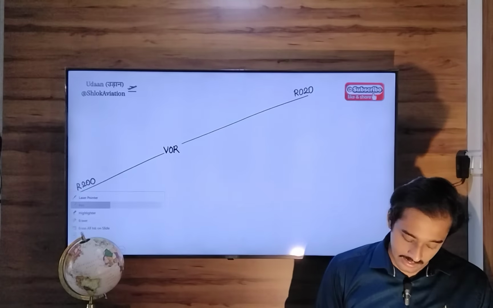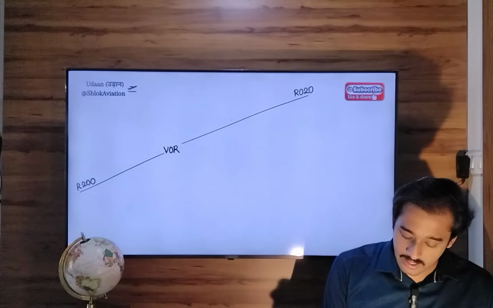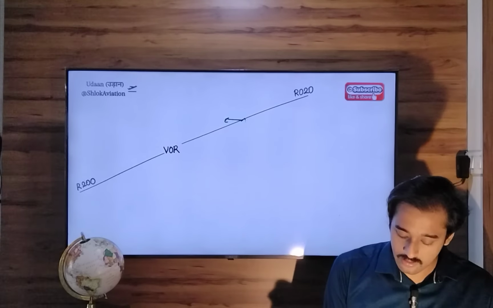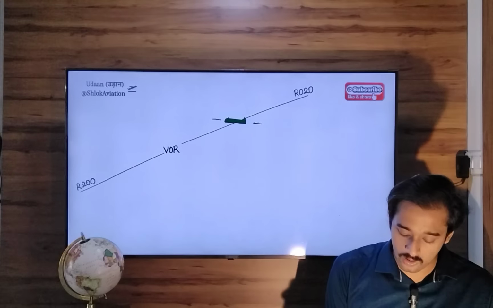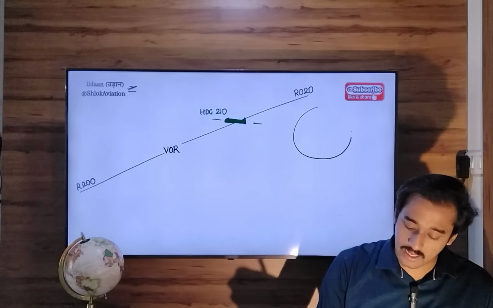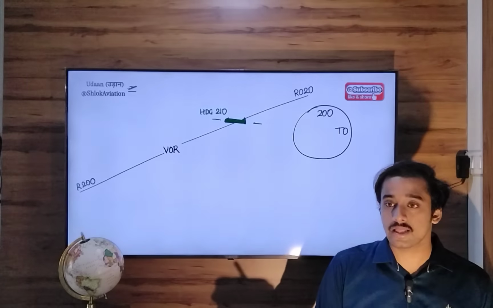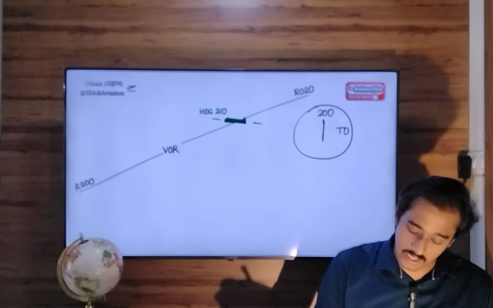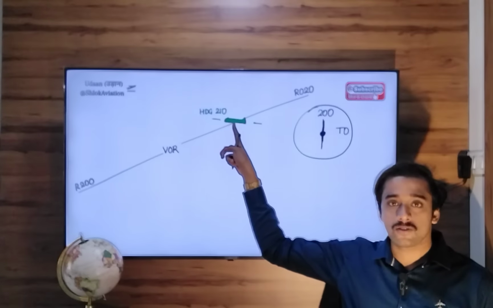So that means aircraft is flying inbound on a heading of 210, and the OBS selection should be something like this: 200 here, TO indication, and the CDI needle must remain in the center, provided aircraft is on the center of the radial.